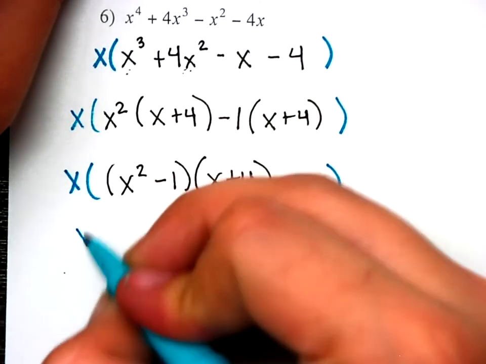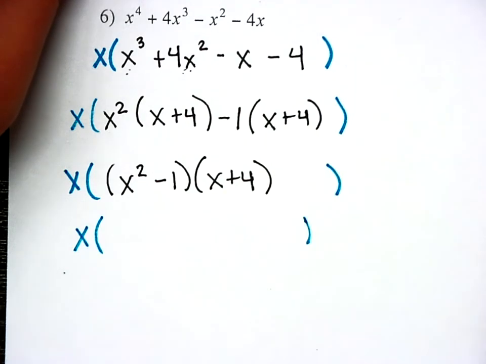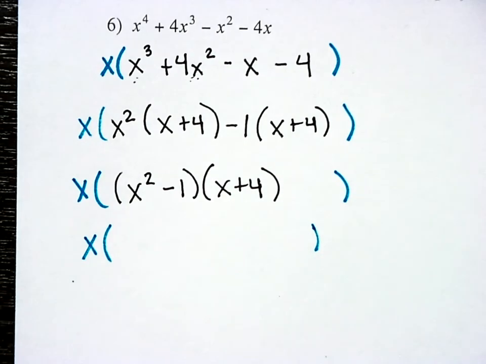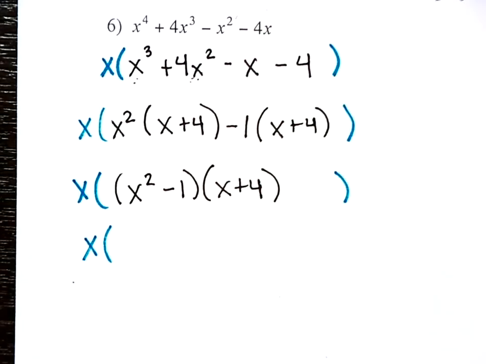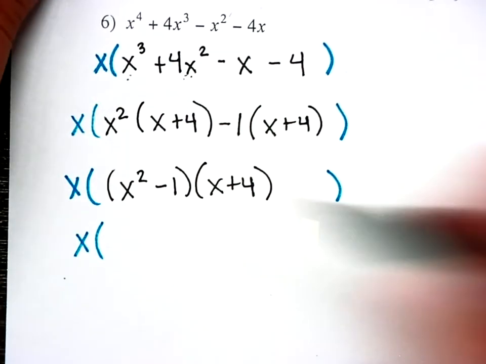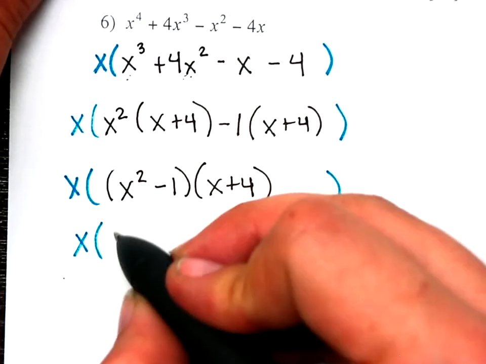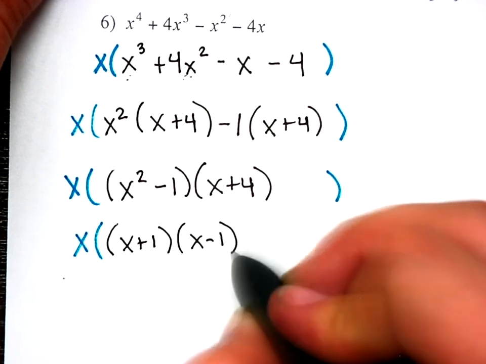So again, I'm going to write my x factor. I've got my x plus 4. I actually don't want that. I'm going to wipe that out if I can find my whiteout. Okay, because I know I'm going to have more than just that. Let's factor this. So using our difference of squares, I know that this is going to factor to x plus 1 and x minus 1.